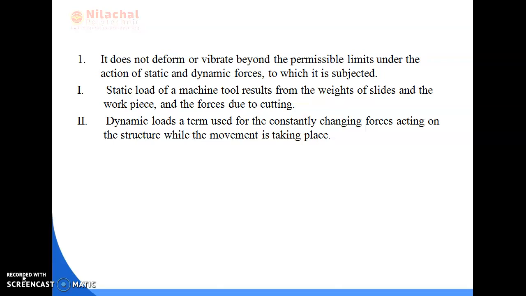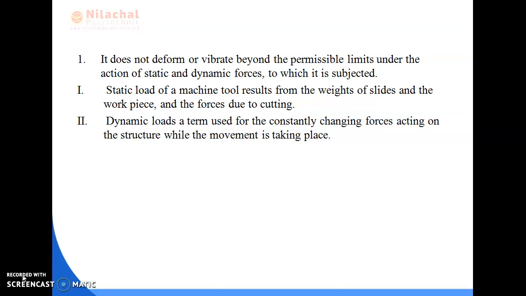Then the static load of a machine tool results from the weight of the slides and the workpiece and the force due to cutting. The static loads means constant loads, which are the self weight of the slides and also the weight of the workpiece, the weight of the tool and also the force exerted during cutting.